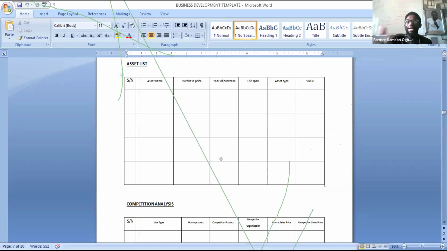If yes, how many years does this thing have before it goes out of use? Based on that, we want to look at how many months or years you are requesting for your loan. Will this asset be able to serve you through that period?